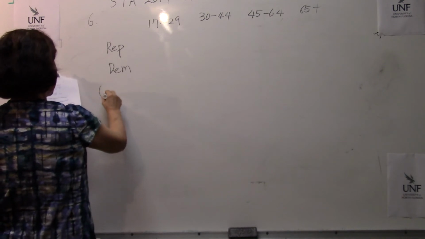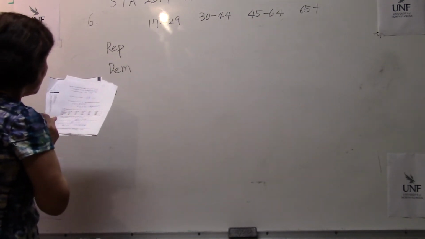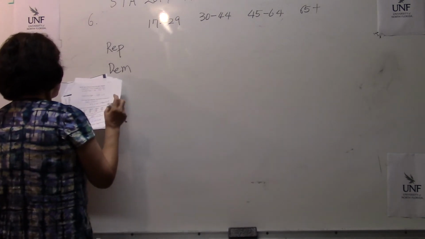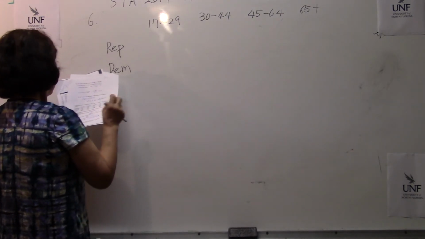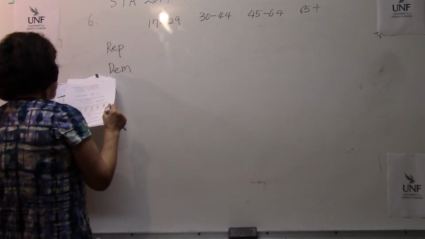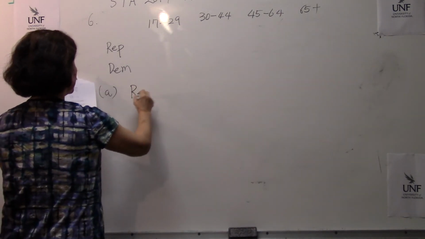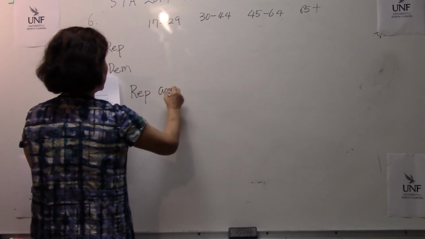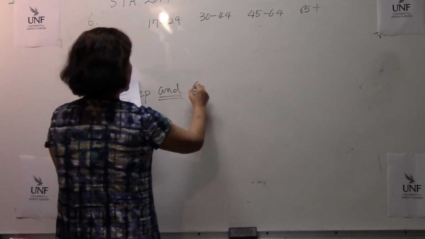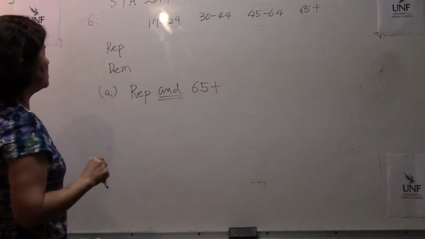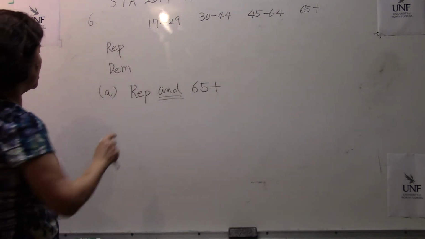Okay. First, I want you to write down the fraction and round to 2 decimal places. The randomly selected voter is Republican and of age 65. So Republican and, it's very important, age 65 or older. So where are these voters located over here?